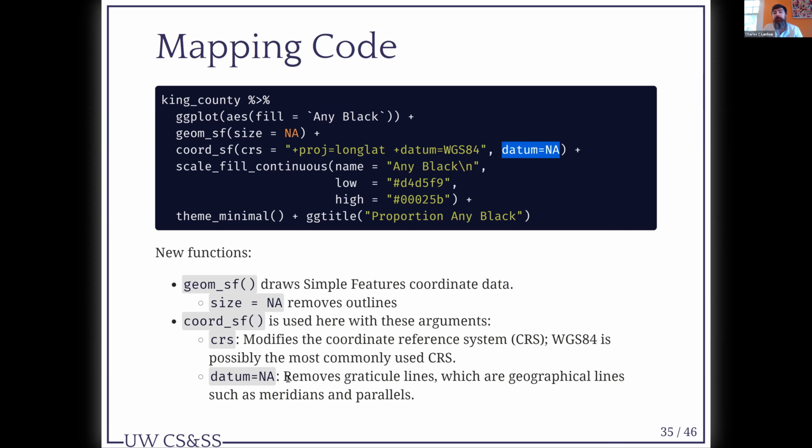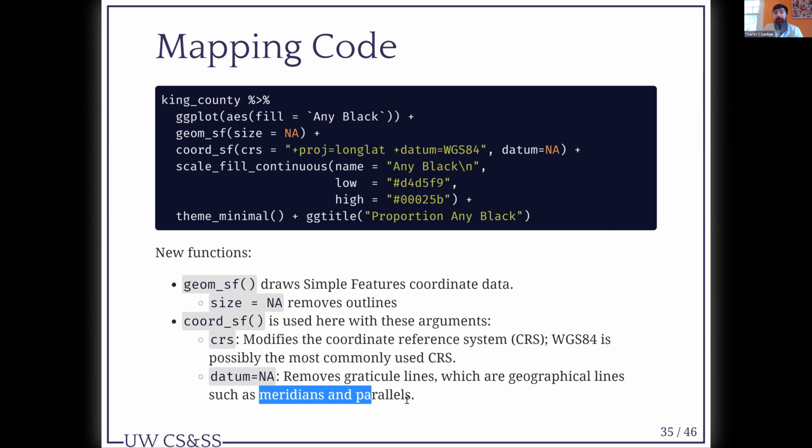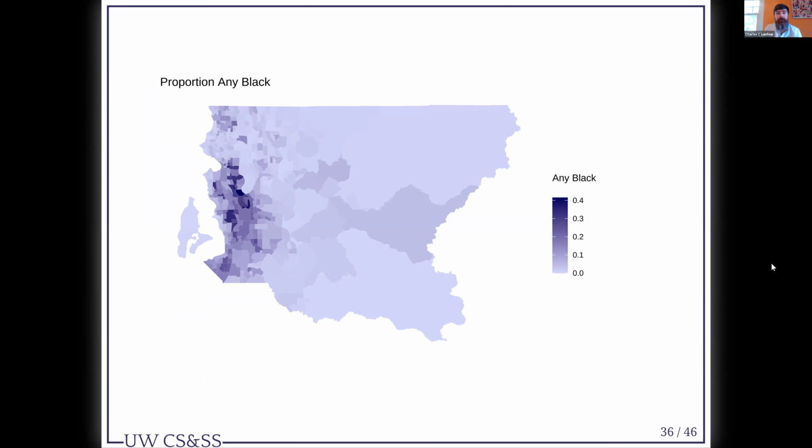What this does is remove graticule lines. These are geographical lines like meridians and parallels. If you don't want your meridian and parallel lines drawn on your plot, you can say datum equals NA and it gets rid of them. Stylistic choice, you don't have to do it. Because I'm picky about colors, I put a color scale on my fill, give it a minimal theme and a title. So this is what that plot looks like.